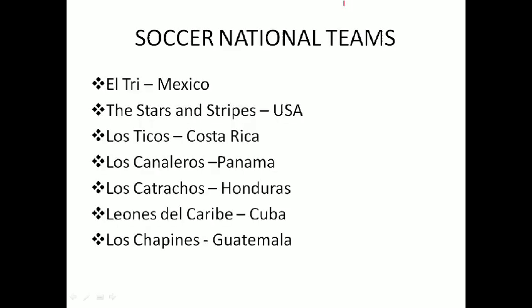These are some of the famous national soccer teams of North America which have made a mark in the FIFA World Cup.